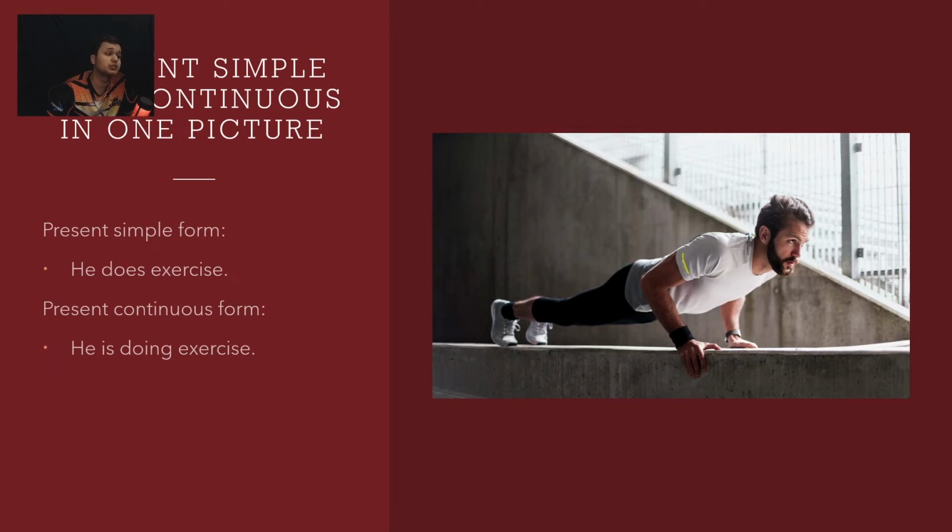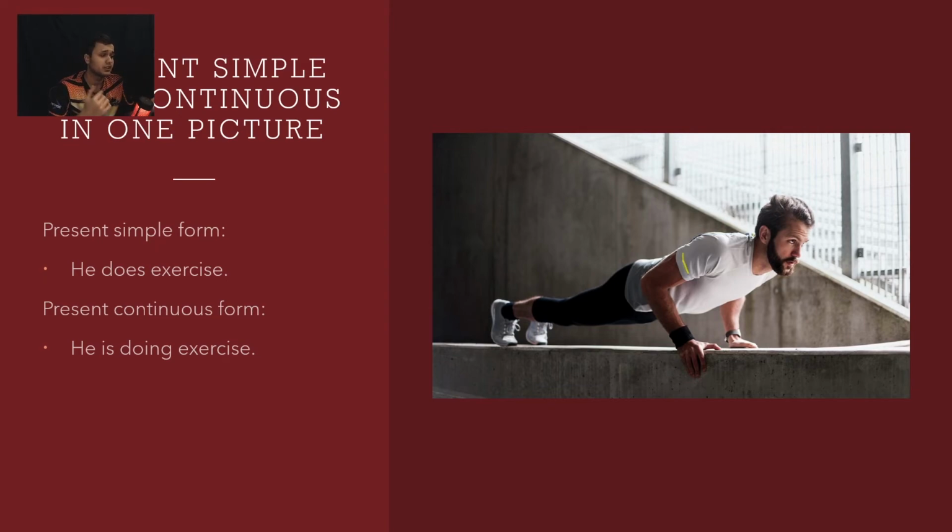In the present continuous form, we say he's doing exercise. What's the difference? The first one, he does exercise. We're saying that he regularly does exercise. It's part of his routine, something that he's used to doing. In the present continuous form, he's doing exercise, we're saying that he's doing exercise at this moment, right now.